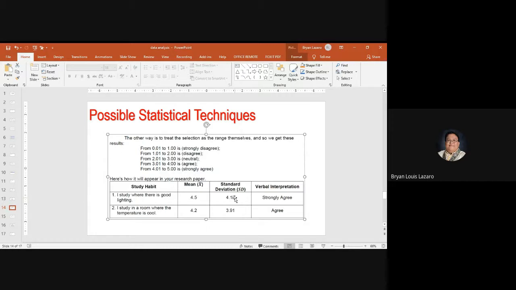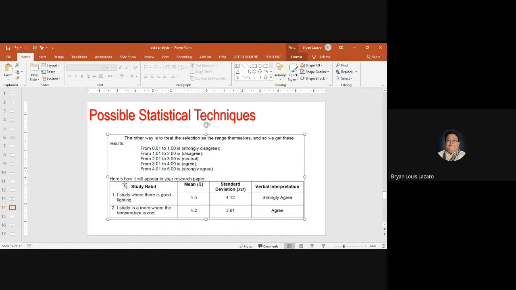So, ibig sabihin, unified yung data na nakuha mo. Kaya ang verbal interpretation niya, strongly agree, kasi nag-fall si 4.5 sa strongly agree. Nakuha ko? Opo. Okay.